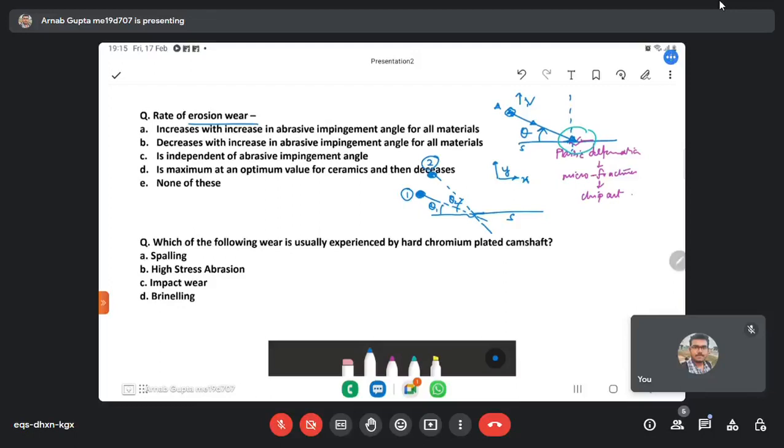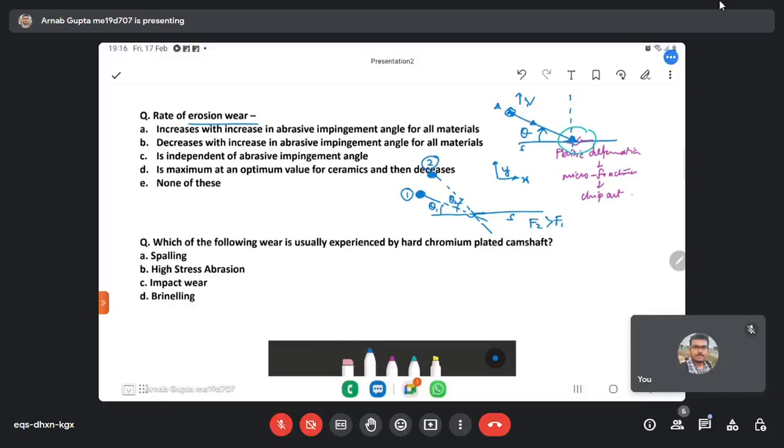Momentum is also mass into velocity. So along the y direction, the change in momentum will be higher. So that change in momentum means the force imparted by this impinging abrasion will be higher. So F2 will be higher than F1.